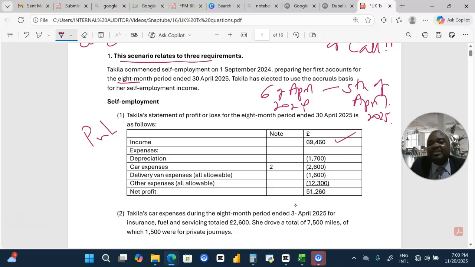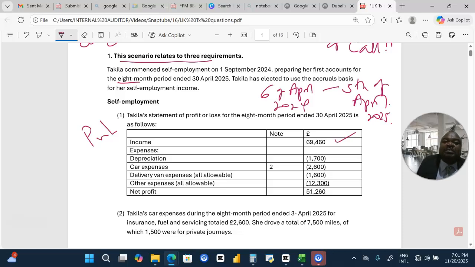But we then have to ask ourselves, from the income, are there expenses we need to deduct? Then, when it comes to the expenses, there are certain expenses which are prohibited and some allowable, or some not allowable, some allowable.